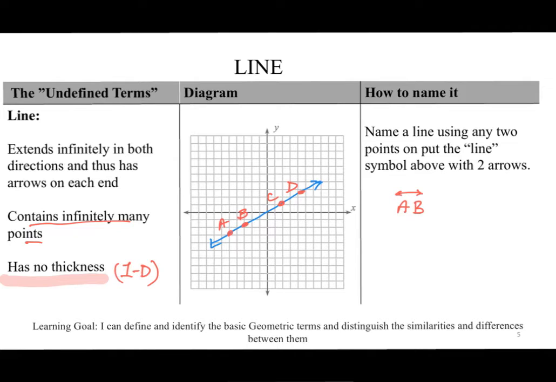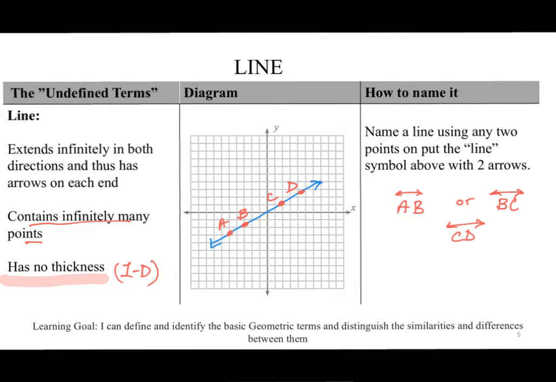So that is one way that we can name this line that we drew. But like I said, you can choose any 2 points that are on it, and since B and C are also on that line, I could have also chosen to call it line BC or potentially line CD, as long as the points are on that line.